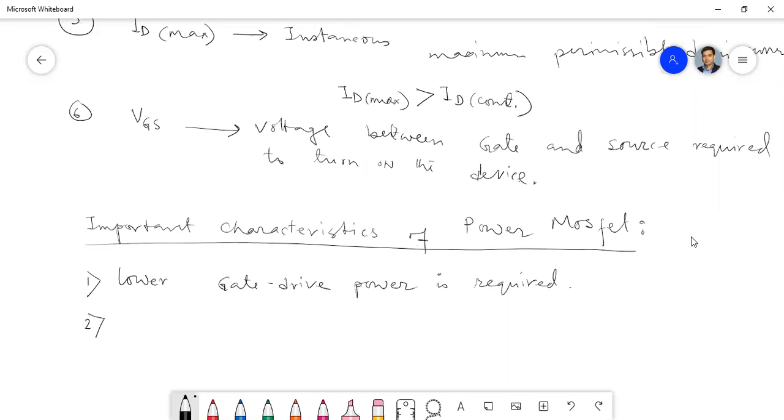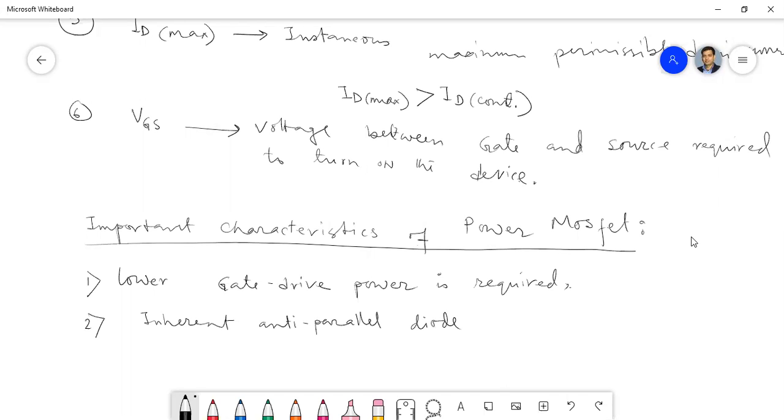Another point is the inherent anti-parallel diode.